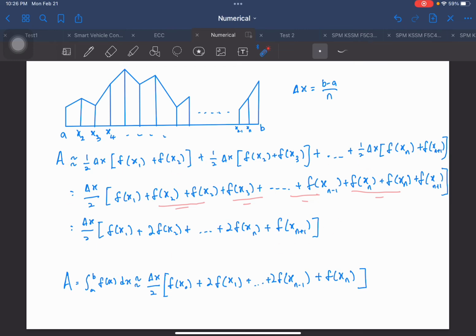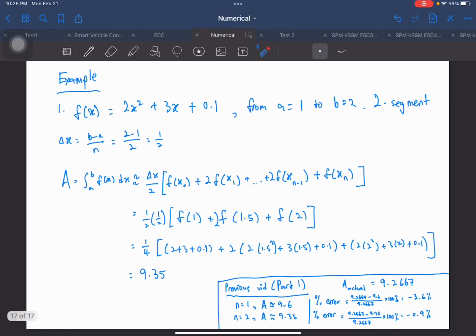Okay, so let's do an easy example. We use the example that we did yesterday in the last video, with the same limits, but this time we use n equals 2. We have 2 segments. First we calculate delta x, where you have b and a, and you know that n is 2, so delta x is 1 over 2.